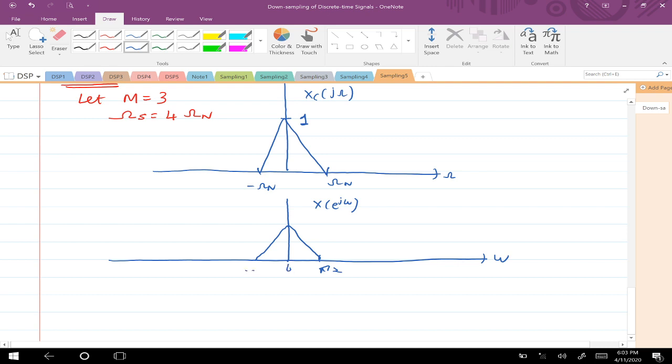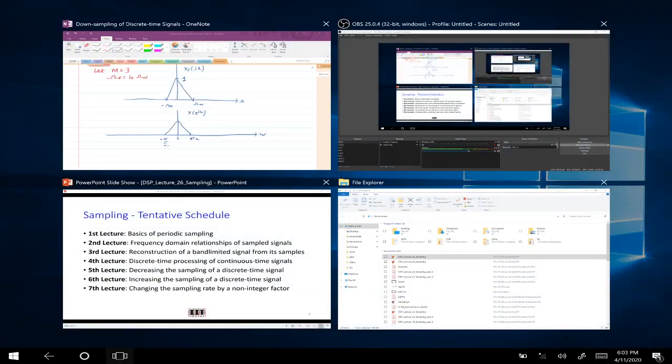Oops, suddenly it stopped writing. Okay, minus pi by 2, and then you repeat that here.